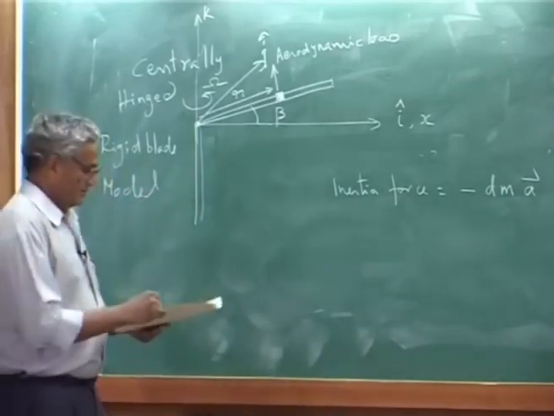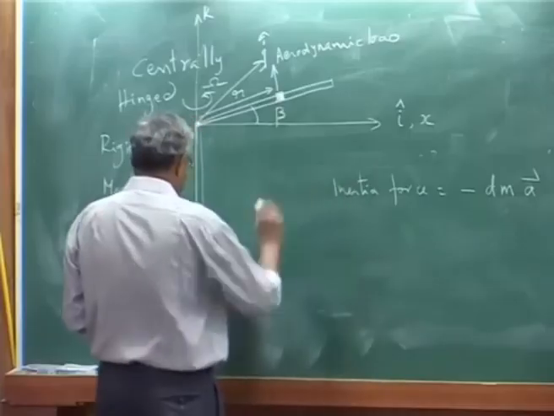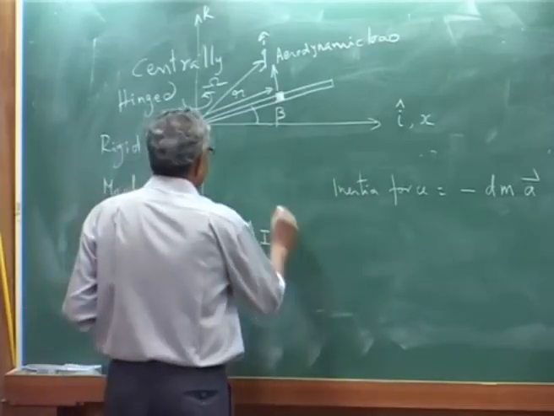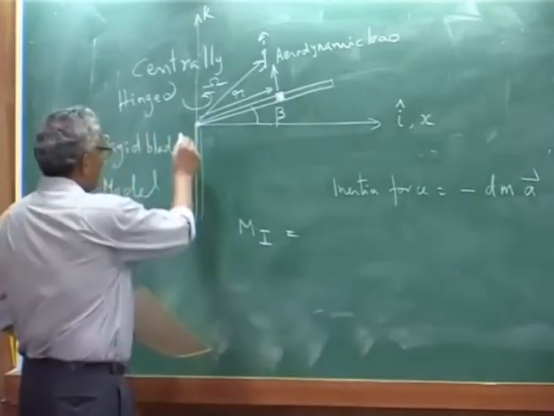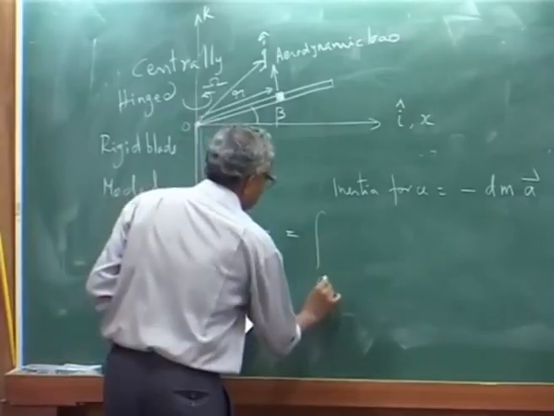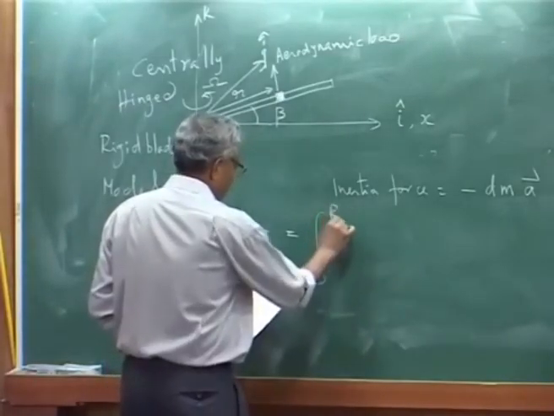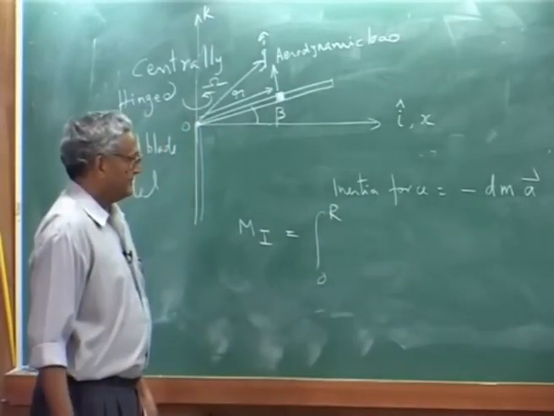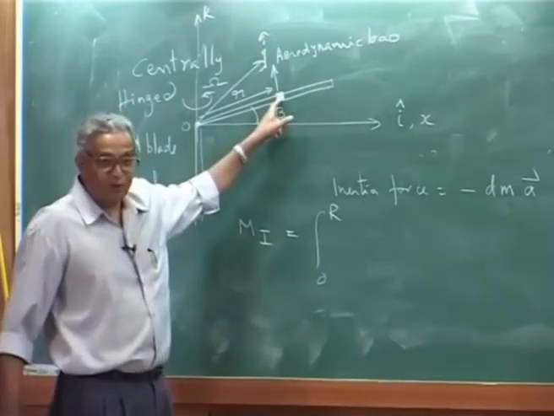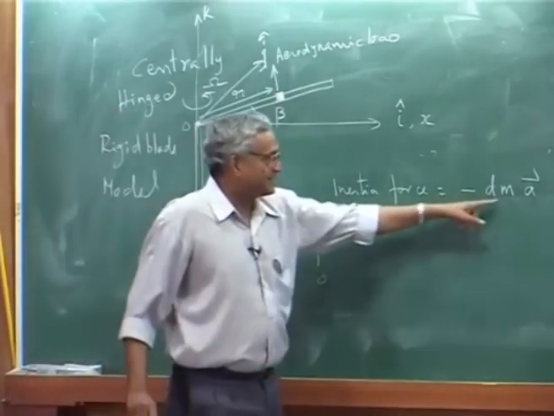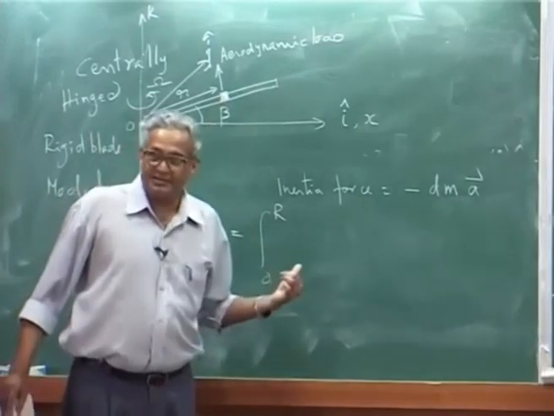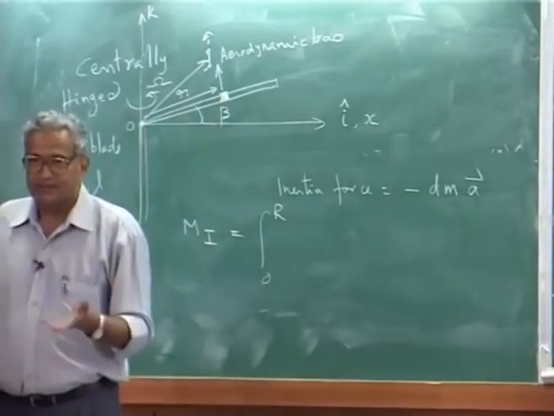So here the inertia moment about the root, that is about O, from 0 to r. This is the inertia force acting at this point, so the moment is r cross f.